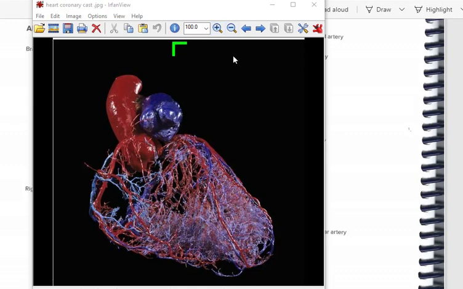So those of you who have me for lecture also, you've seen this before. This is where they've taken a human heart, and they've injected the veins with blue latex, in a liquid form like Elmer's glue, and they squirt it in the veins. And then they take red latex and they squirt it in the arteries.